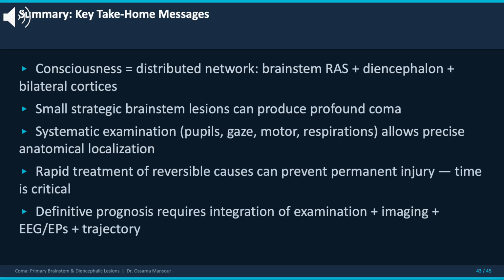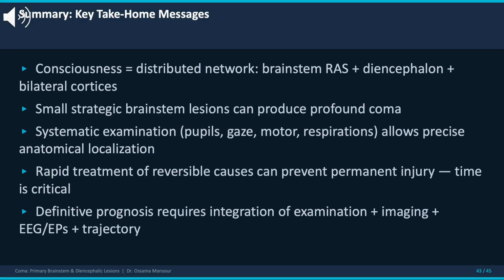Third, rapid assessment and immediate treatment of reversible causes of coma can prevent permanent neurologic injury and even be life-saving. Time is absolutely critical. Fourth, definitive diagnosis and accurate prognostication require integration of the clinical examination with structural neuroimaging, functional studies including EEG and evoked potentials, and careful observation of the trajectory and evolution over time.